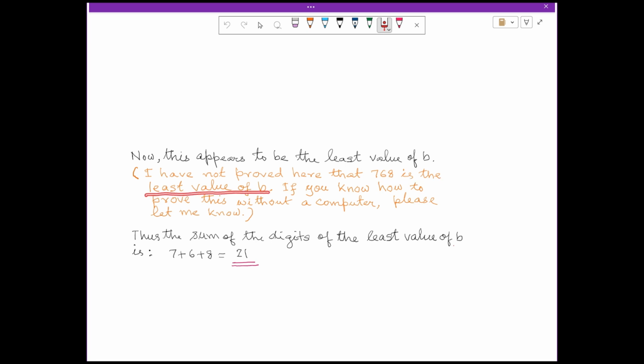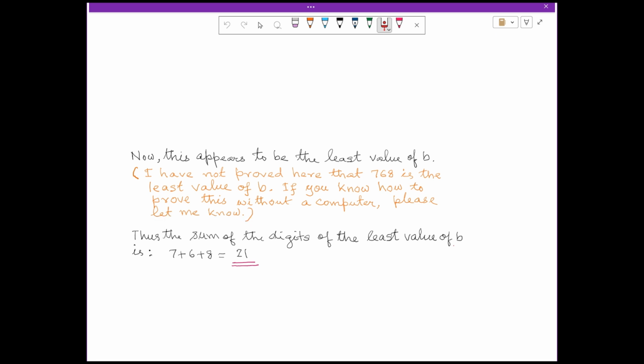I have only taken some possible values of b and I have found the least amongst those. And I have not found any other value of r which could result in a smaller value of b. If you know how to prove this result without a computer, please let me know.